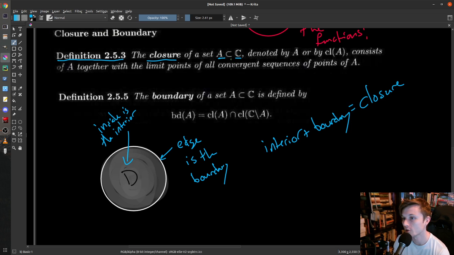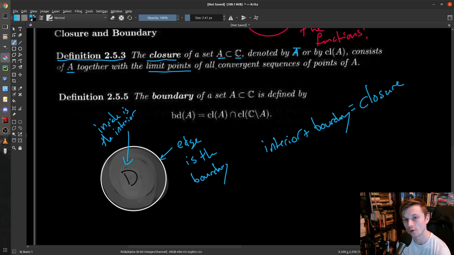So the closure of a set A, particularly in this case contained in the complex plane, though you could really do this for any topological space, you generally denote by A with a little bar on top of it, or by CL A, closure of A. This consists of A together with its limit points.